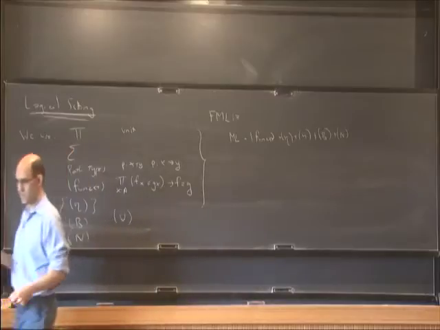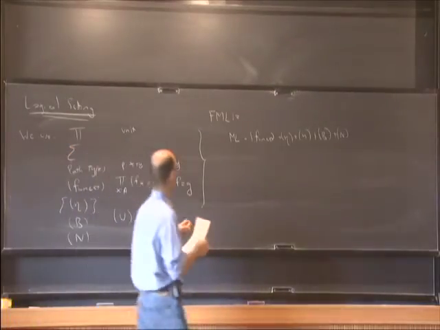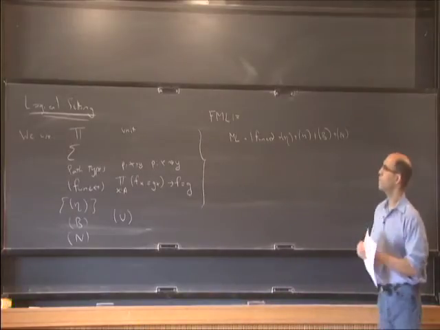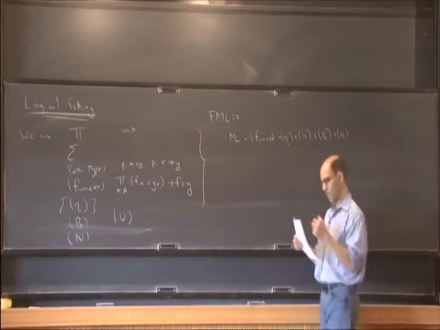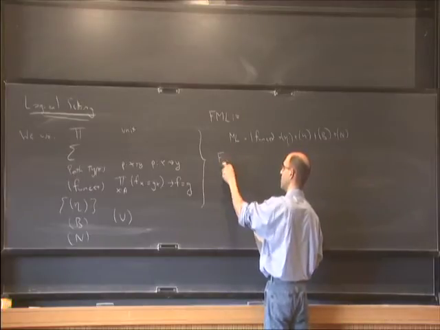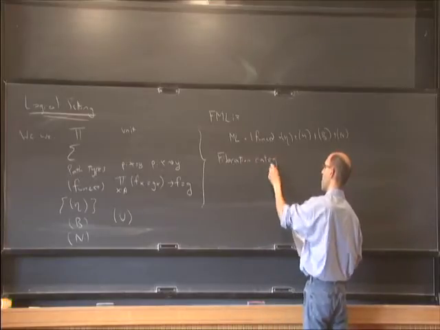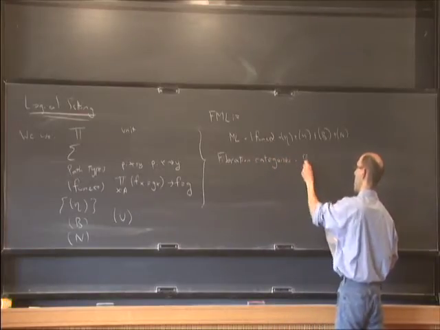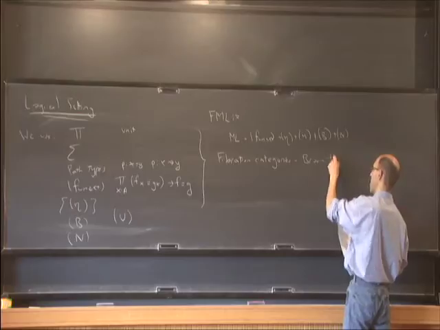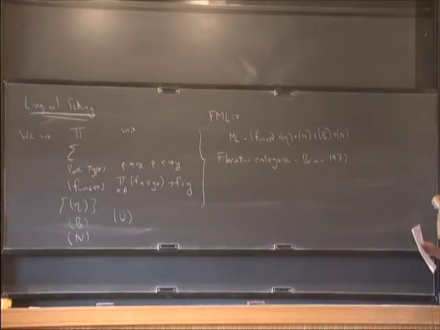Let me say a few words about the intended semantics. Morally speaking, what we have in mind is something like fibration categories in the sense of Ken Brown, 1973. Brown called them categories of fibrant objects.